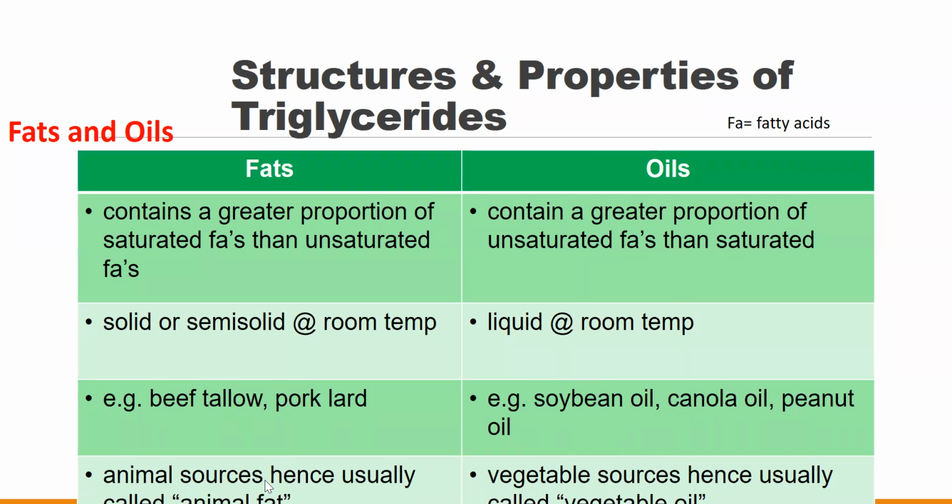So your animal source is usually called animal fat, and your vegetable source is called vegetable oil. Although in the market, vegetable oil, although mostly from vegetables, usually comes from coconut, coconut oil.